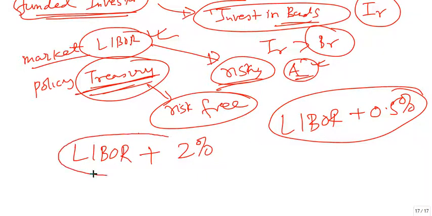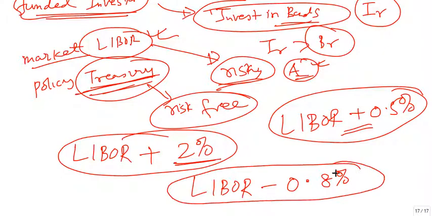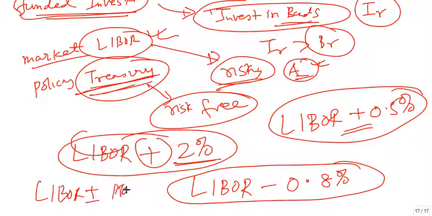A riskier investor is charged a higher rate. Some investors, like AAA rated companies, may pay a lower rate, so LIBOR minus can come. So you can have LIBOR plus or LIBOR minus; we have seen earlier it is LIBOR plus or minus a margin.